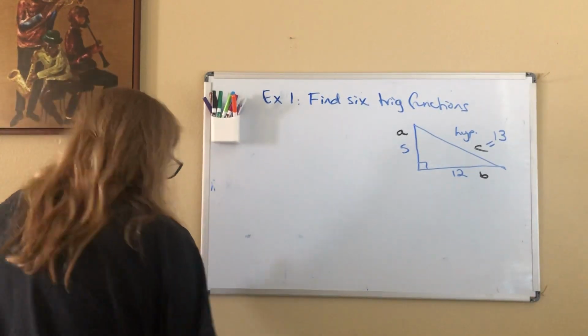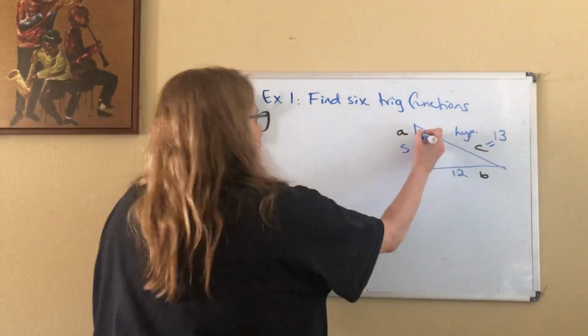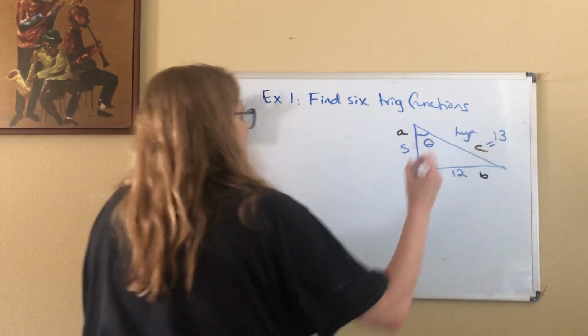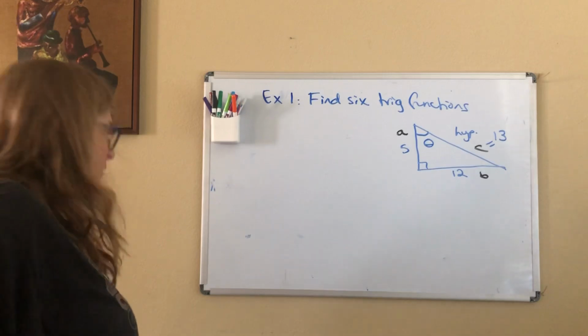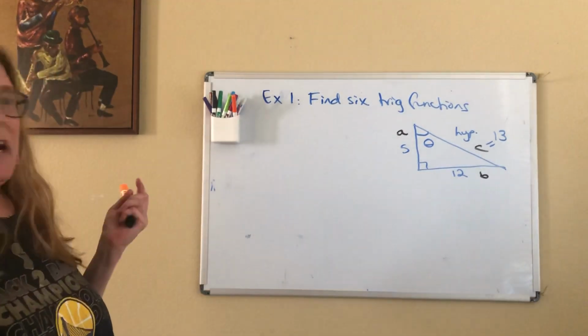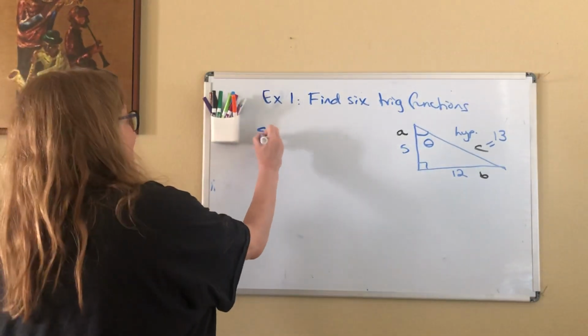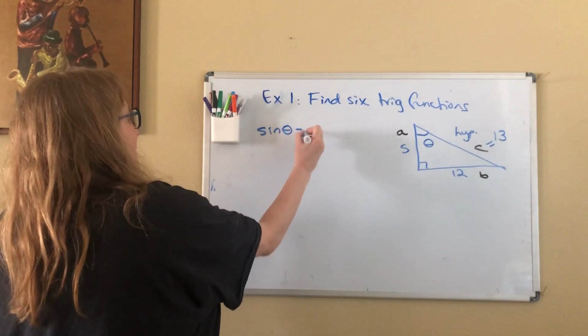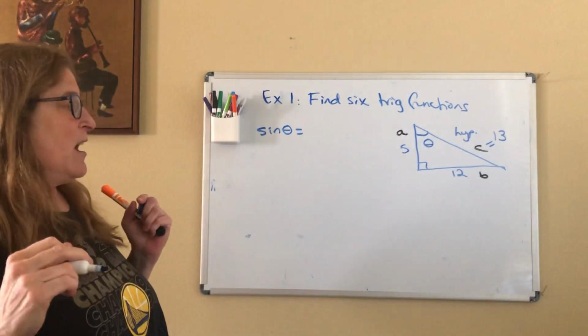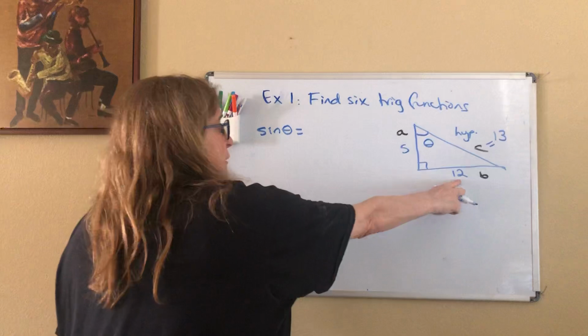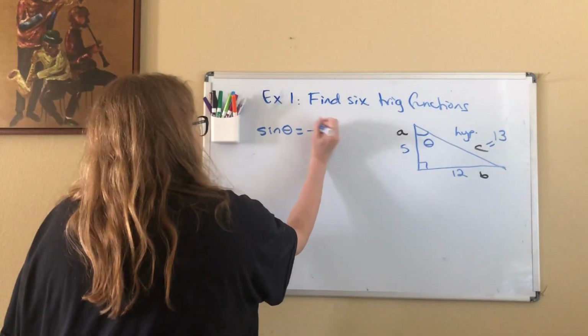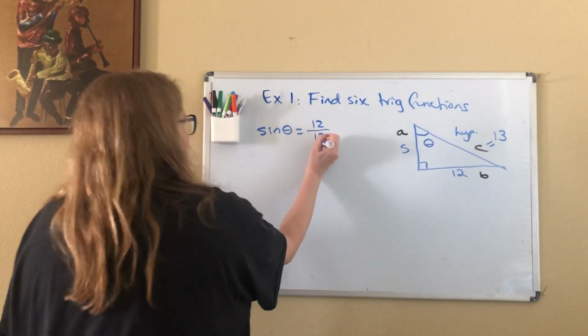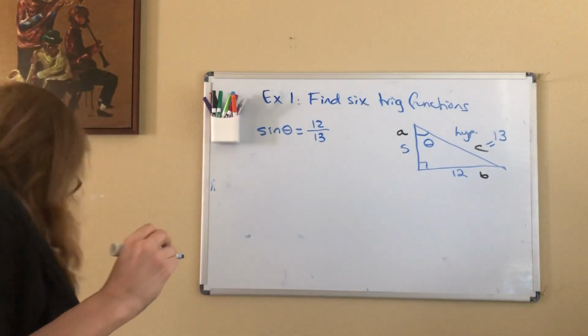Okay, so let's start with sine. Our angle is right here. We're going to call it theta. That's often the symbol they use for the angle. So if I want the sine of theta, I'm going to take the opposite side, which is 12, over the hypotenuse. So there's the sine of my angle.